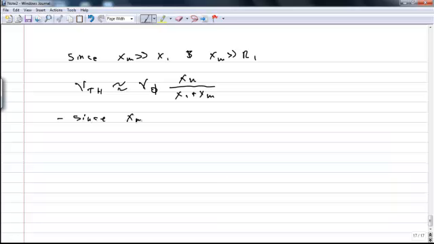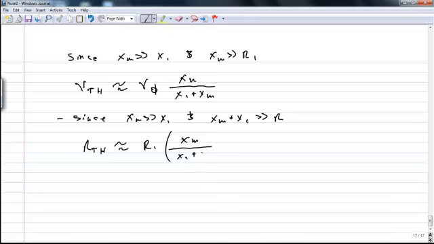Since XM, again, is much greater than X1, and since XM plus X1 is much greater than R, we can create this equivalent expression for the Thevenin resistance, which is approximately equal to R1 times the quantity XM over X1 plus XM, squared.